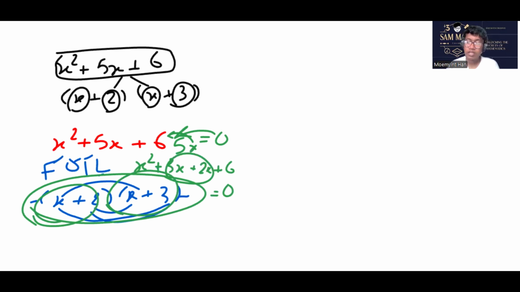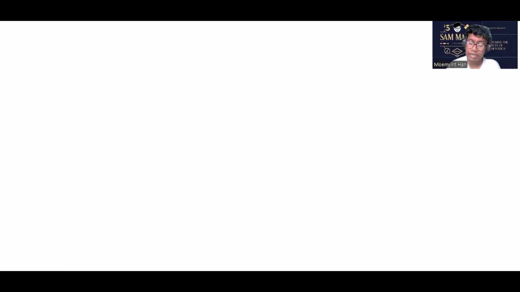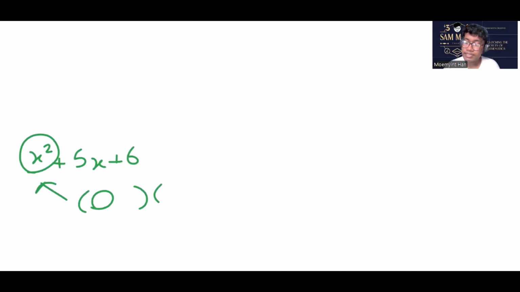Let's use the former example again. My equation here is x squared plus 5x plus 6. A quadratic equation most of the time has three parts, and when it comes to factorization, we think of it as three parts. The first part is the multiplication of two variables, as we did earlier, so it's going to be x squared.